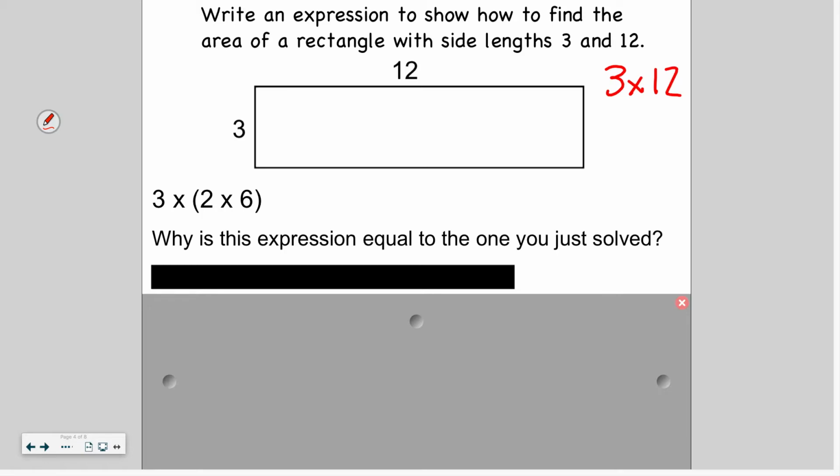All right, if you're watching now, that means you've already solved 3 times 12 and thought about why this expression is equal to the answer to 3 times 12. If you haven't already, please pause now and do so because I'm going to go over the answer. So 3 times 12 is 36. This rectangle has an area of 36 square units.